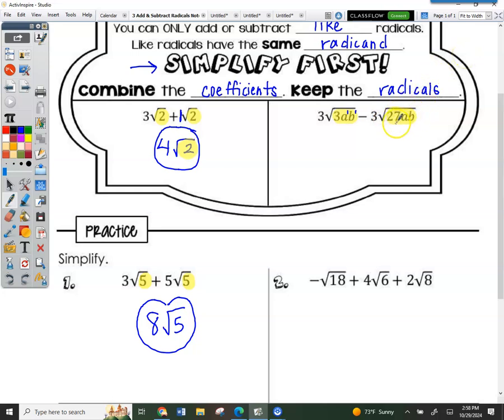Make sure you're watching. I'm going to basically focus on this entire expression right here, and I'm not going to worry about this yet. So I've got -3 root 27ab. What is the 27 factor tree out to? 9 square root 9 times square root 3.